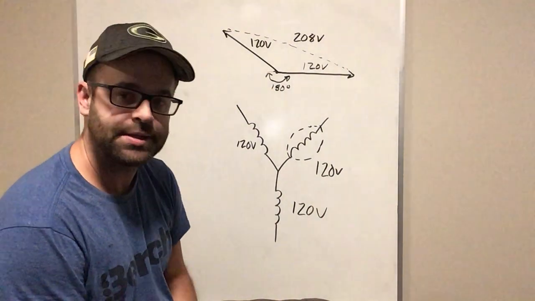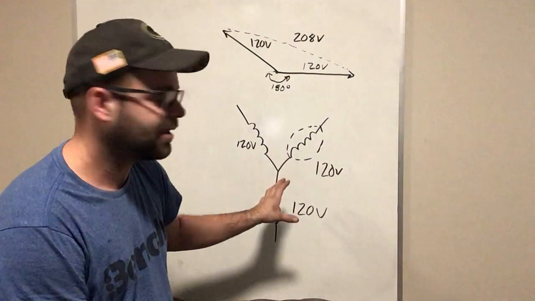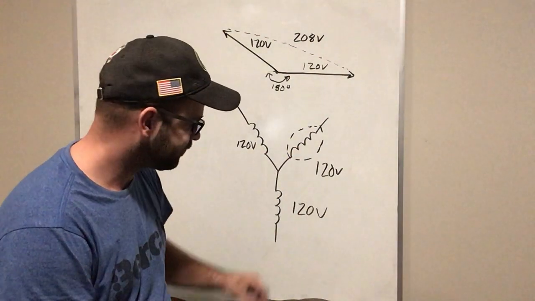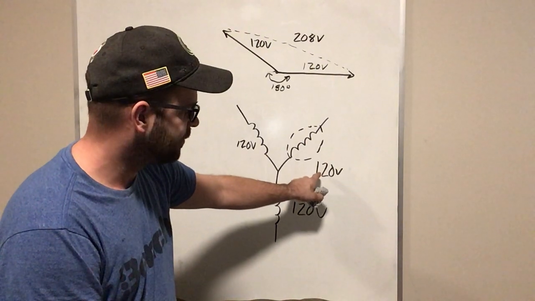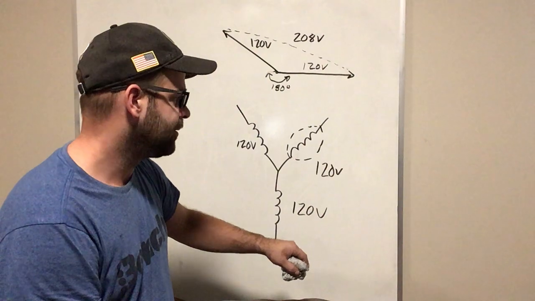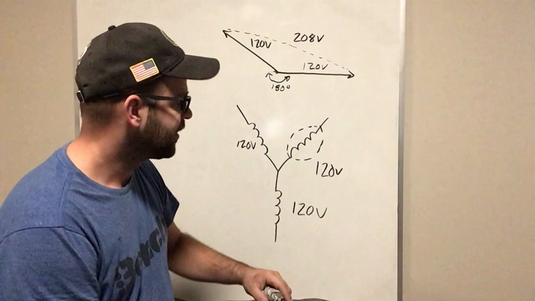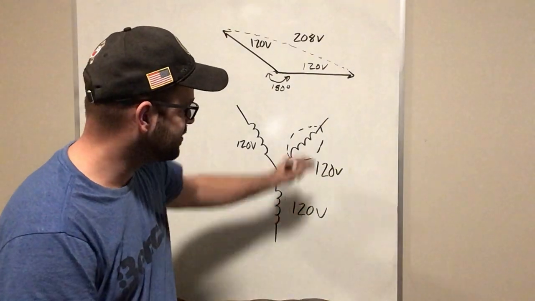So anytime you see voltages that are set up in a Y configuration, this could be 120 volts, this could be potentially 347. The value, so this is a phase value.